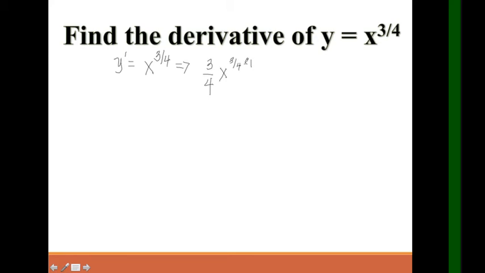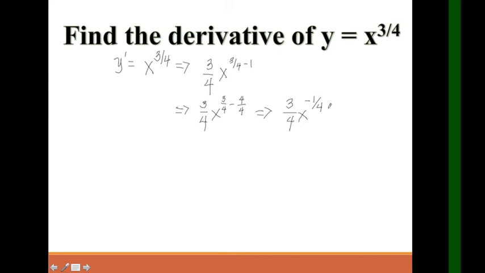And as we all know, when we have 3/4 minus 1, we cannot subtract it directly unless we get the LCD or make the denominators the same. So it becomes 3/4 x raised to 3/4 minus 4 over 4. And this is equal to 3/4 x raised to negative 1/4.